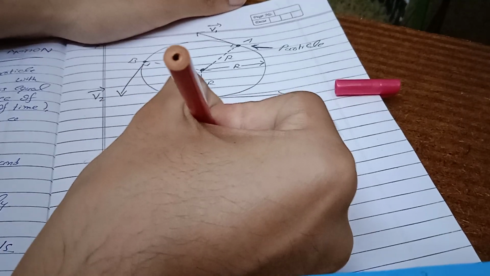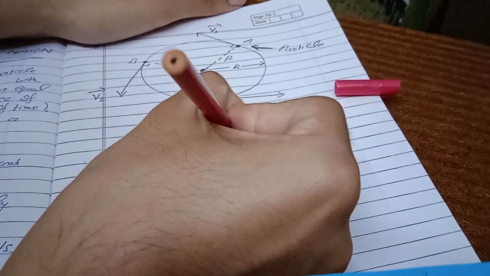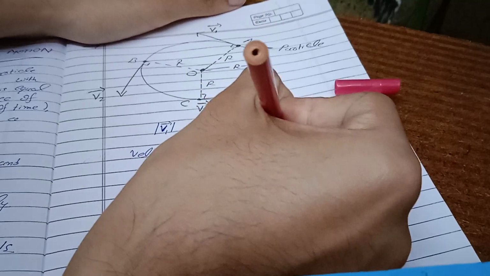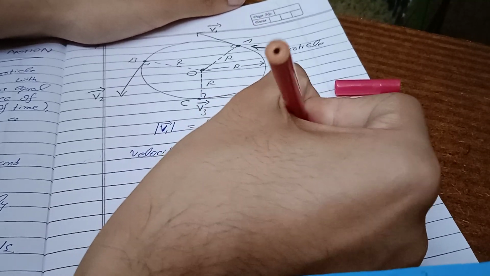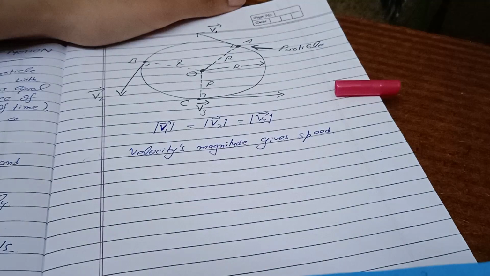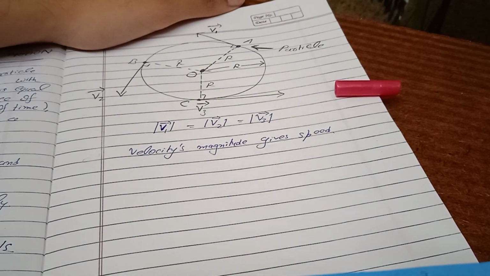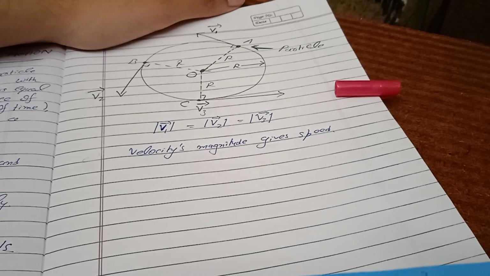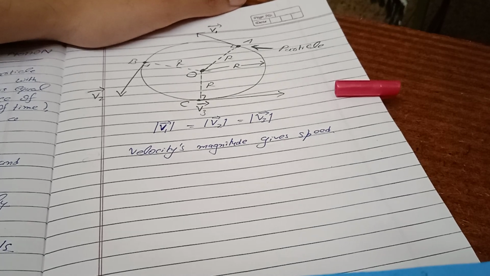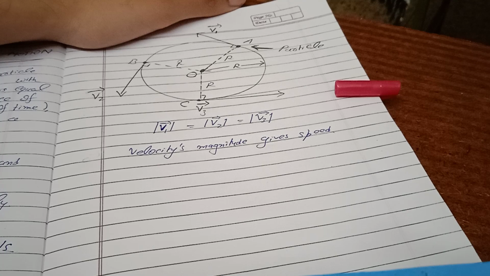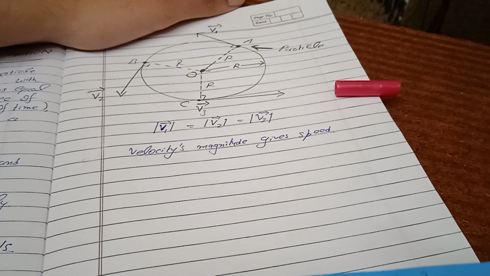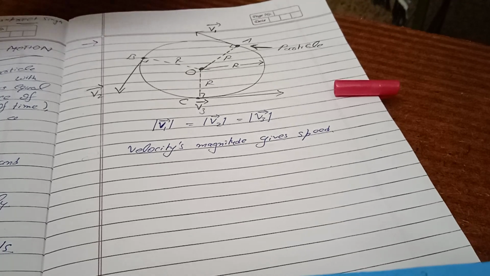The velocity's magnitude gives speed of the particle. And we know that in uniform circular motion, speed is constant. Speed is not changing at all. So I hope that's clear till here.